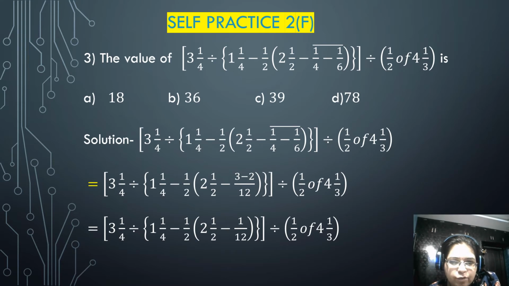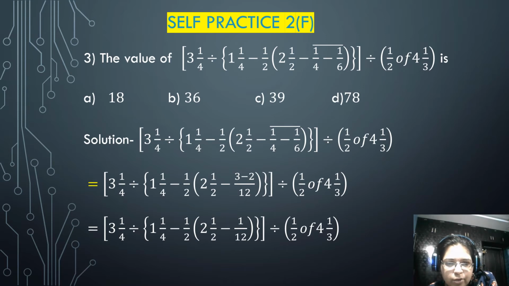In an expression, first we evaluate the brackets. First we evaluate the expression inside the bracket: first the parenthesis, then the curly bracket, then the rectangular bracket. Then we apply the BODMAS rule: brackets, of, division, multiplication, addition and subtraction.